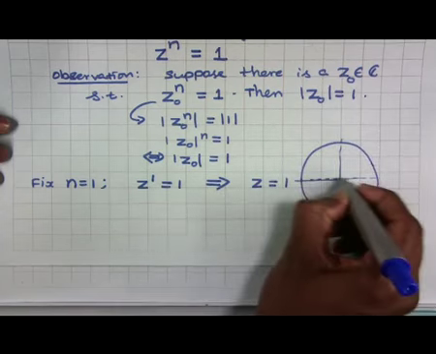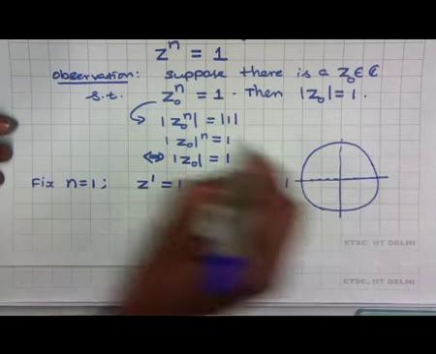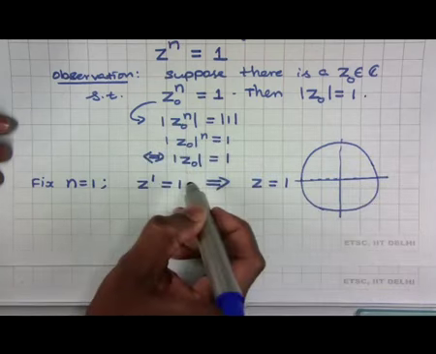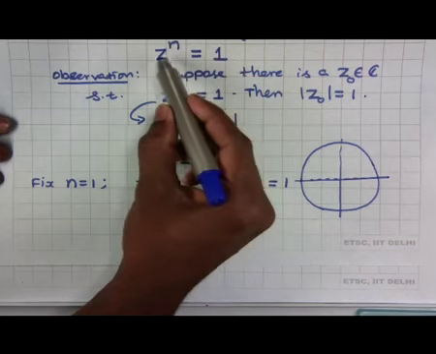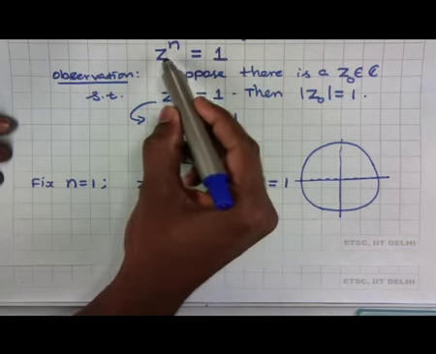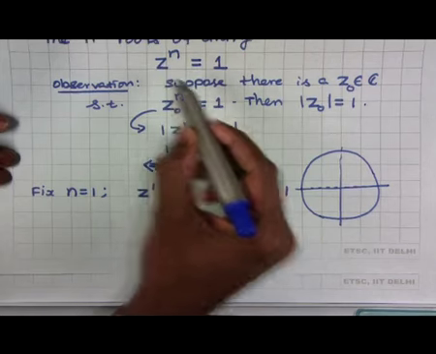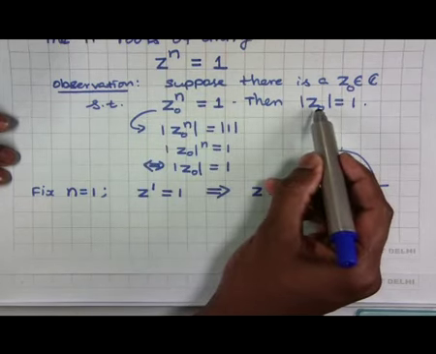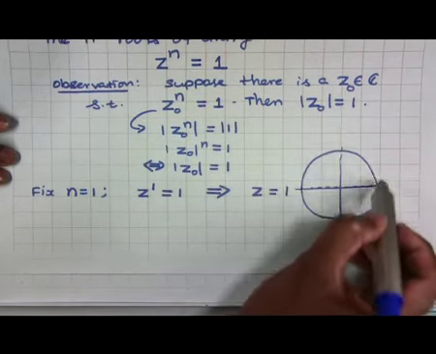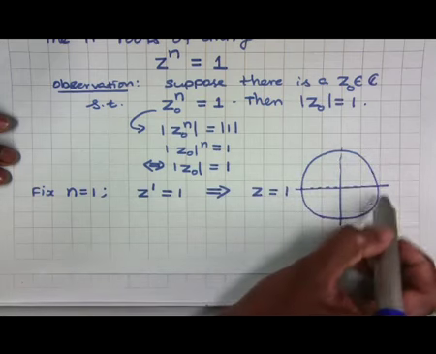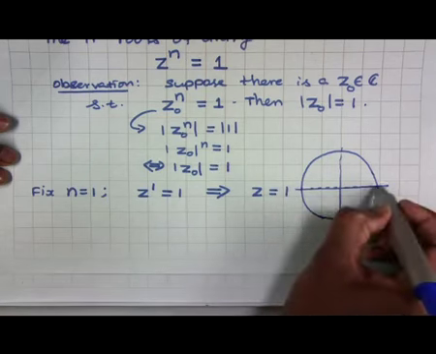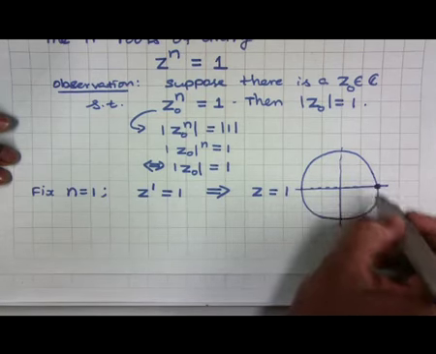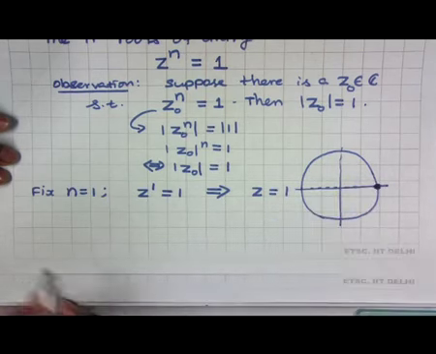First of all let me repeat the observation we made. When we are looking for nth roots of unity, for any complex number satisfying this equation, the corresponding modulus must be 1, which means it must lie on the unit circle. Now I have taken n equal to 1, which means only one point, z equal to 1.